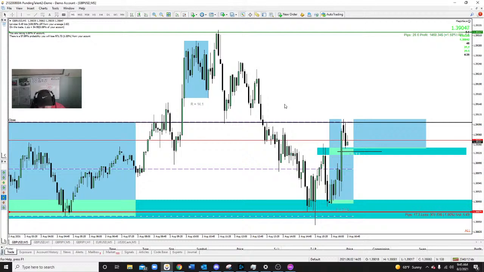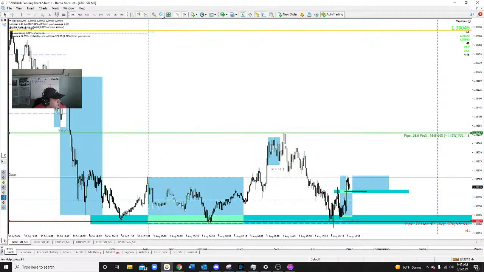I just need to get that black line right there. This one right here, 50%. If it doesn't get there, the trade wasn't meant to be.